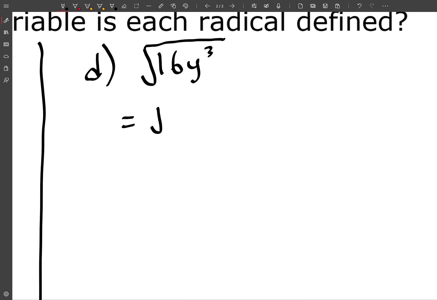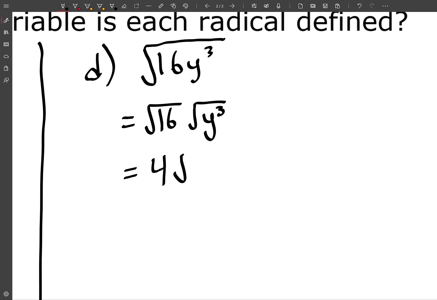This time I'm going to use perfect square factors. So I'm going to break this one down into the square root of 16 and the square root of y cubed. I'm just going to show you another method for this instead of breaking down into prime factors. I can just ask myself, okay, 16, the square root of that is just 4. So that one's easy.